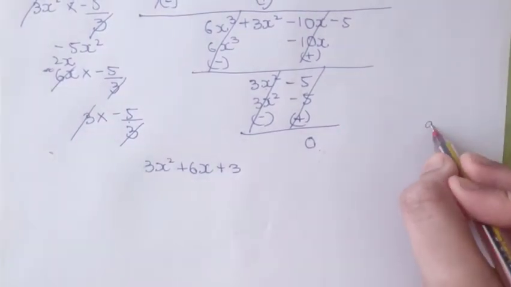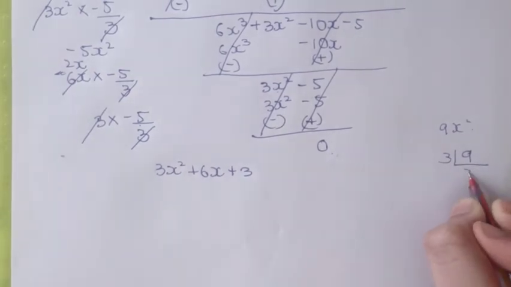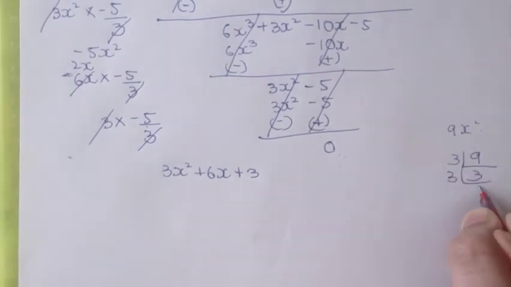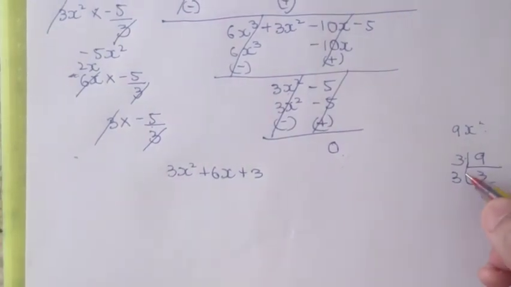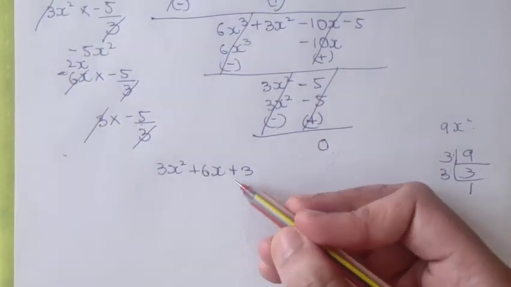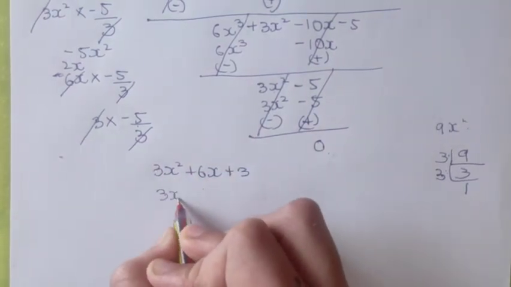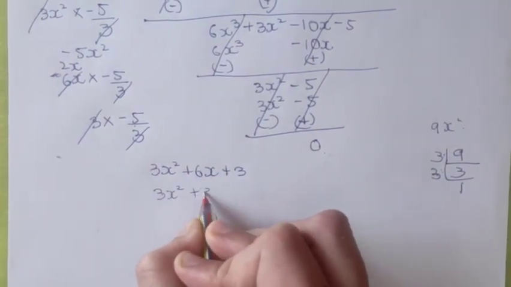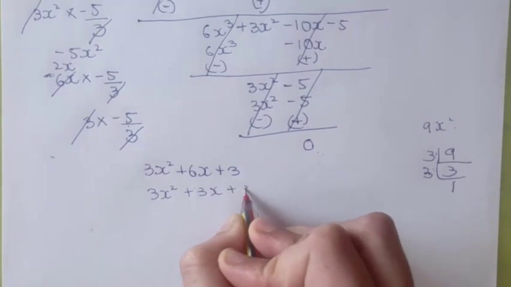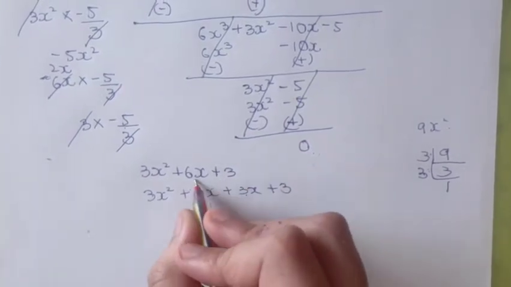We need two numbers whose product is 9 and sum is 6: 3 into 3 is 9 and 3 plus 3 is 6. So we can split the middle term as plus 3x plus 3x plus 3. 3x plus 3x is 6x.